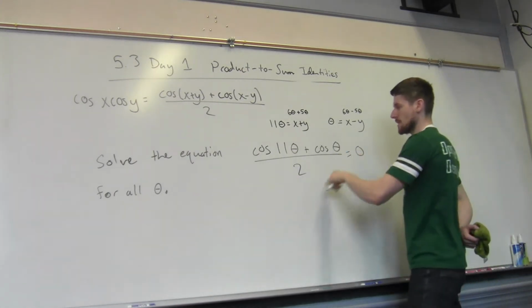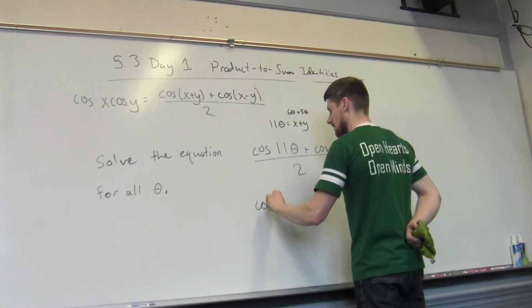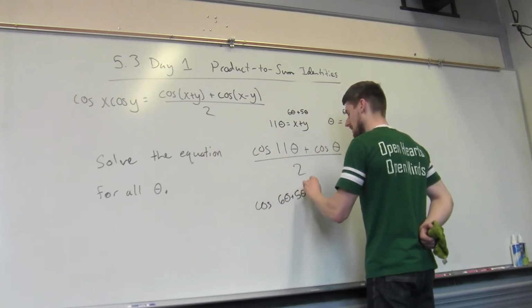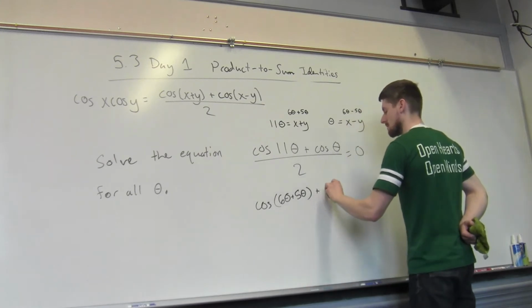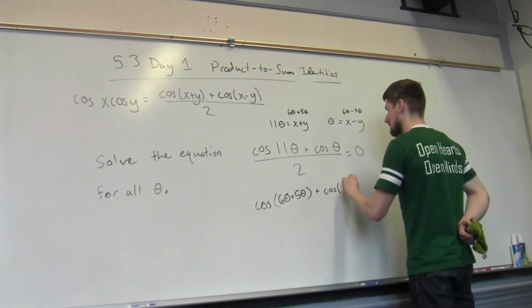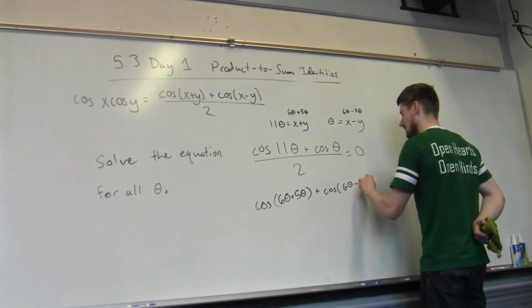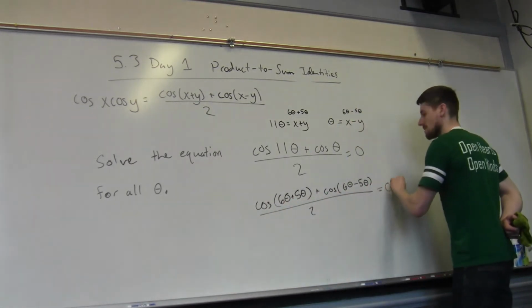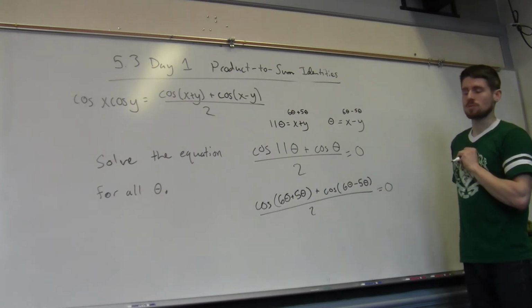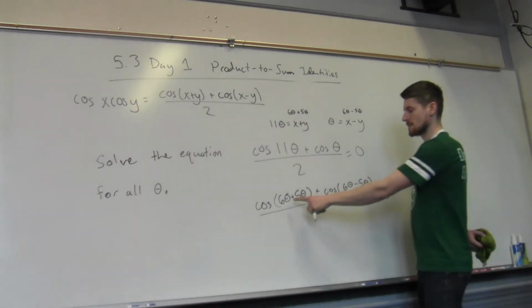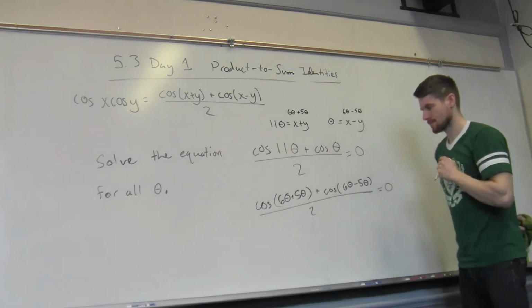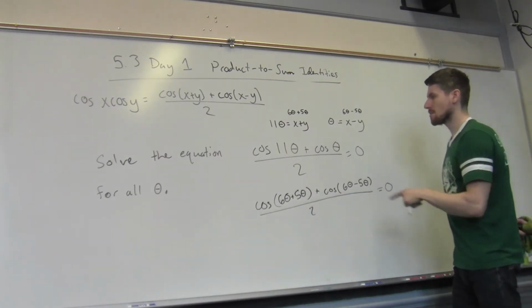So if I rewrote this as cosine of 6 theta plus 5 theta plus cosine of 6 theta minus 5 theta over 2, it's a little bit easier to see what x and y are. x is 6 theta, y is 5 theta.